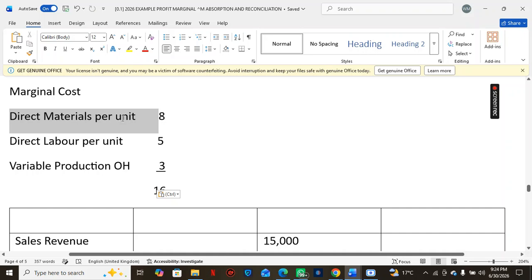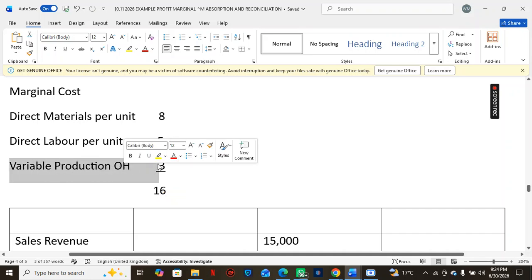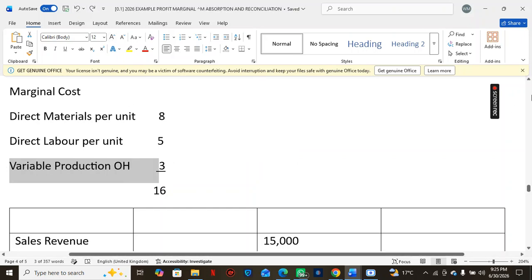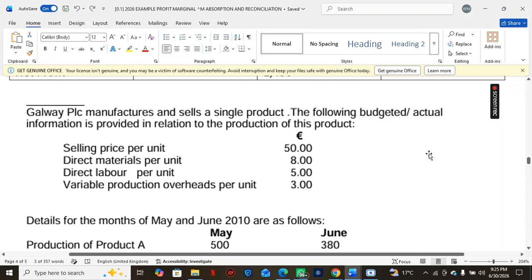Direct materials, 8 euros, variable cost. Direct labor, here, 5 euros. Variable production overheads, 3. These numbers are coming from where?